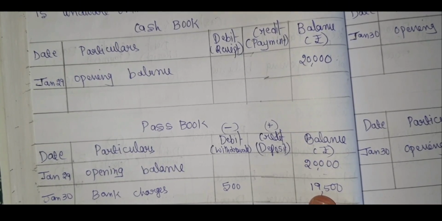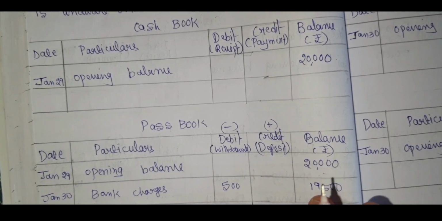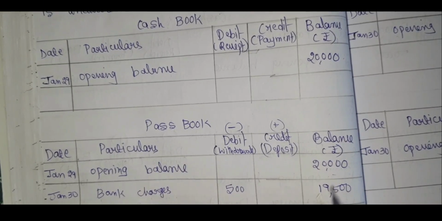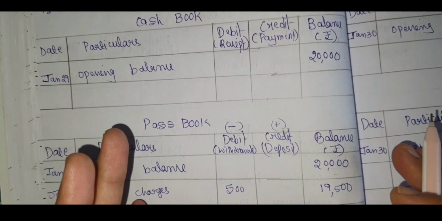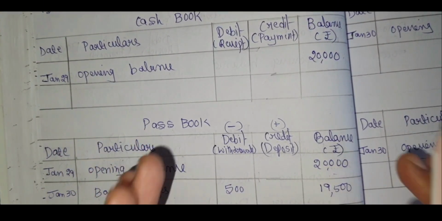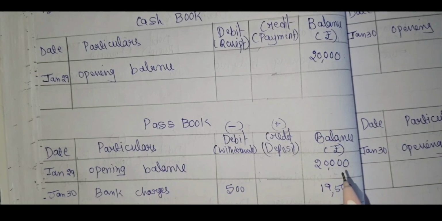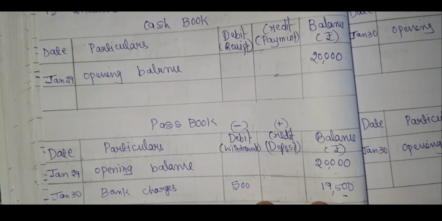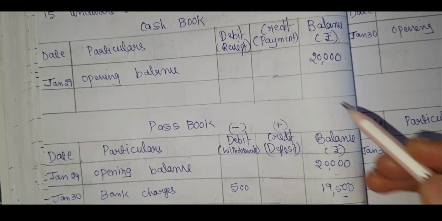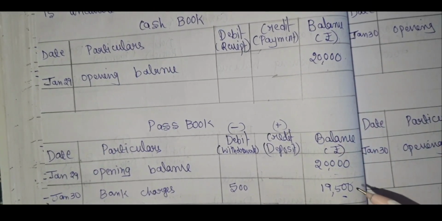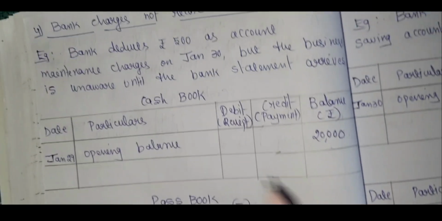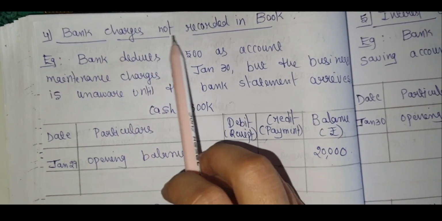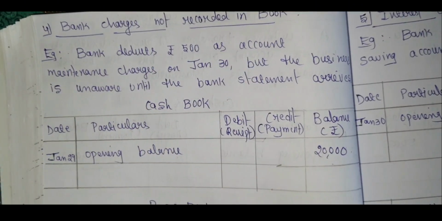So the balance as per the passbook will be less than the balance as per the cash book. Okay, this is about the fourth point, bank charges not recorded in the books.